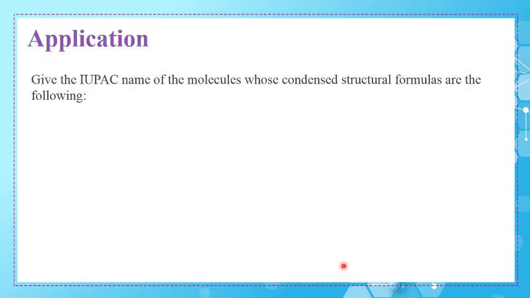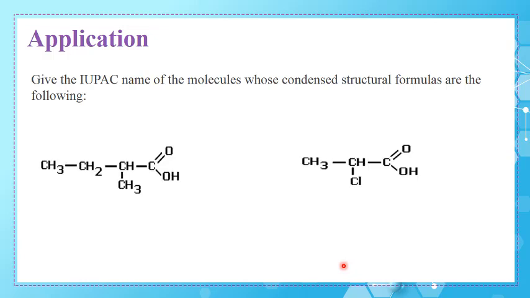Let's give an application. Give the IUPAC name of the molecules whose condensed structural formulas are the following. First of all, we have to examine the functional group. Look here, it is C double bond O, OH. So it is the carboxyl group. So automatically the molecule will be a carboxylic acid. And here is the same.